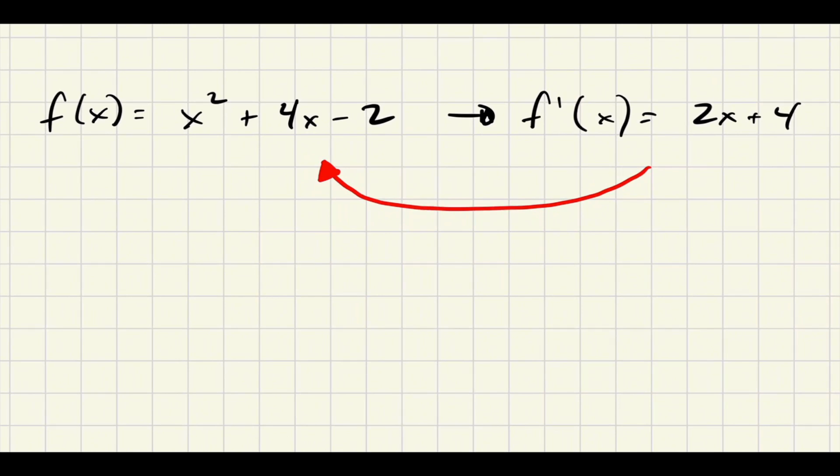The power rule says, move the power to the front, subtract the power. That's how I got 2x. Move the power to the front, subtract the power. That's how I got 4. And then negative 2 doesn't have a power, so that just became 0. So plus 0, right? That's the power rule for derivatives.